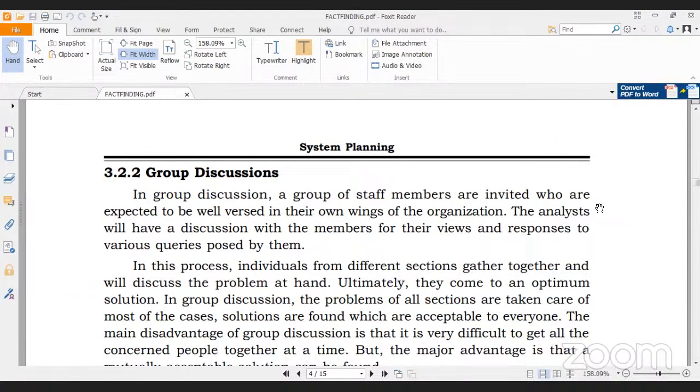The GD is normally, you know, there is a certain approach, like everybody should participate and everybody should put their views either in the positive dimension of the topic or in the negative. That depends upon the concerned customer or user or the student.